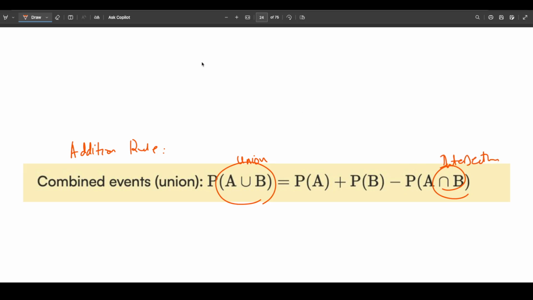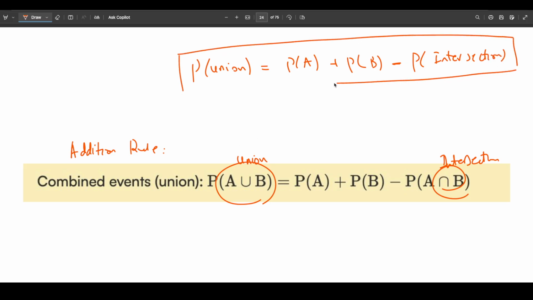What does it mean? The probability of the union of two events equals the probability of the first event plus the probability of the second event minus the probability of their intersection. This is the addition rule of probability.